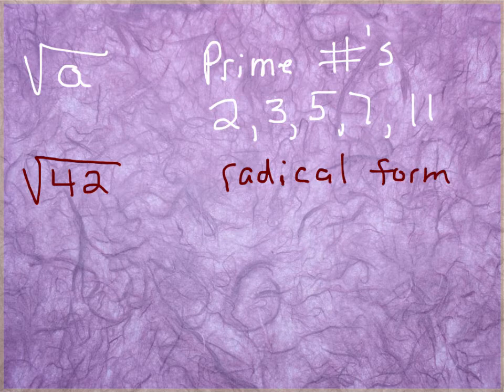Now, the easiest way to me to simplify radicals is to take the number that we have, 42. I'm going to go to a different screen here, and I'm just going to find the prime factorization of that number. This is stuff that you've done way back in 4th, 5th, 6th grade.